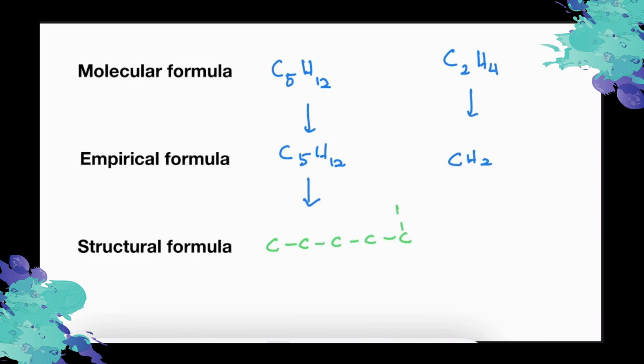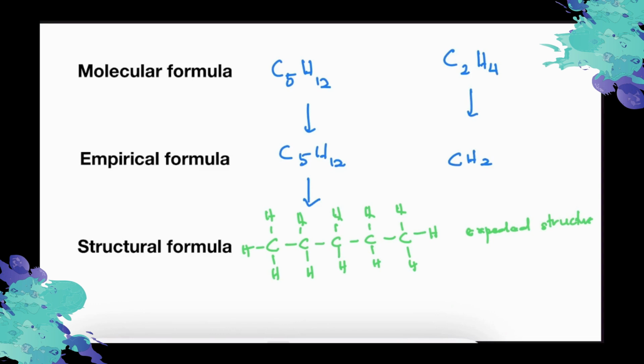It consists of 5 carbon and 12 hydrogen. In this case, we draw the structural formula in the form of an expanded structure because we expand the bonding between each atom.